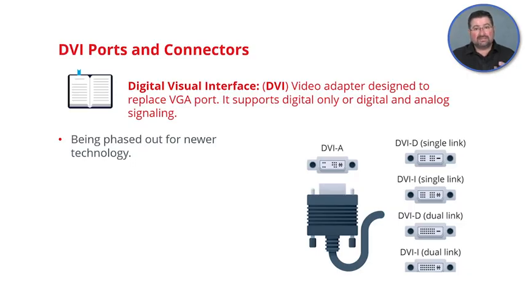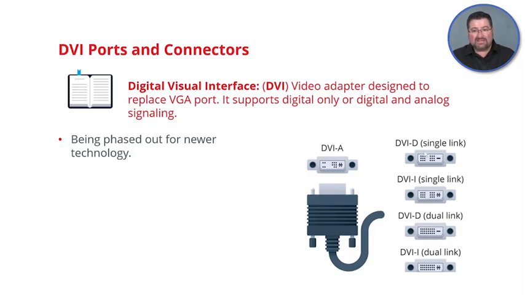Moving on. DVI. Now with the DVI, Digital Visual Interface, it's designed to replace the VGA, and it supports digital only or digital and analog signals. So there's different types of DVI, and that is distinguished by the pattern that you actually see in the ports. So they do have the DVI-A, analog only, just like its old representative VGA.